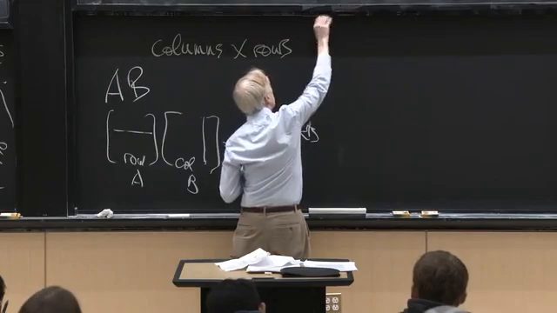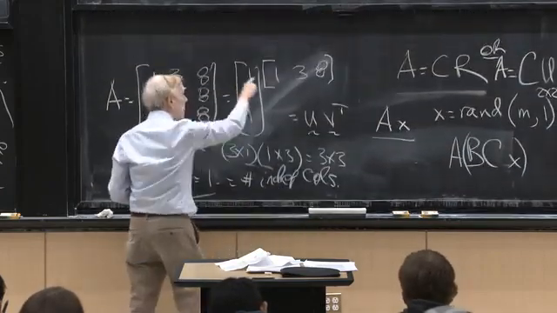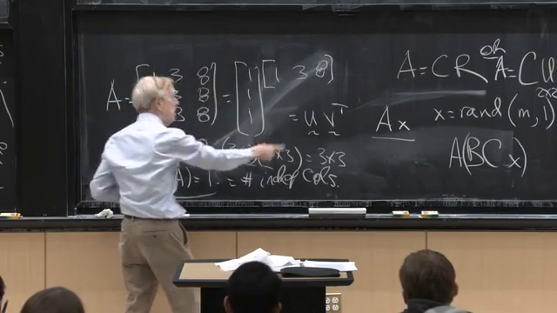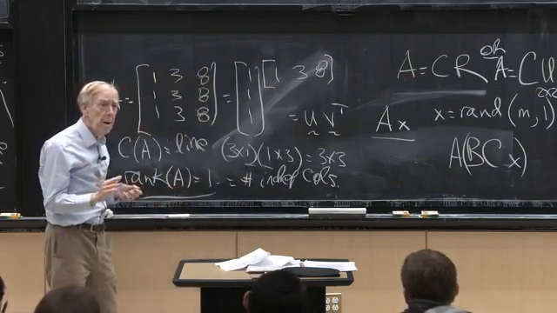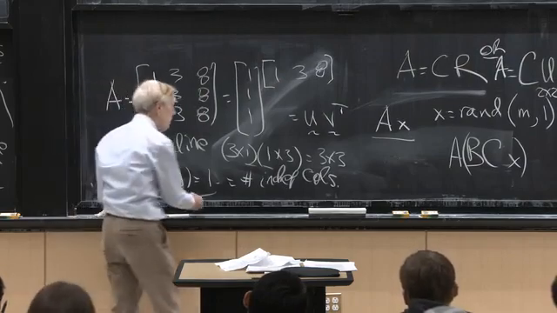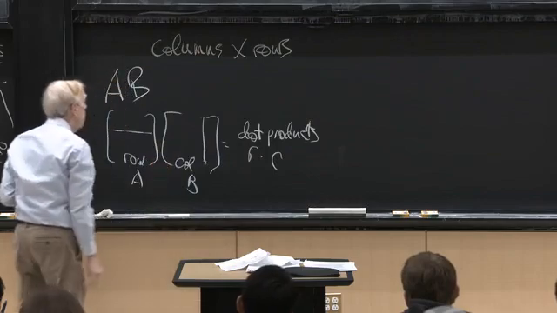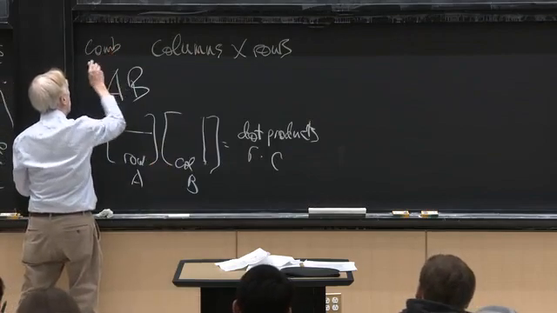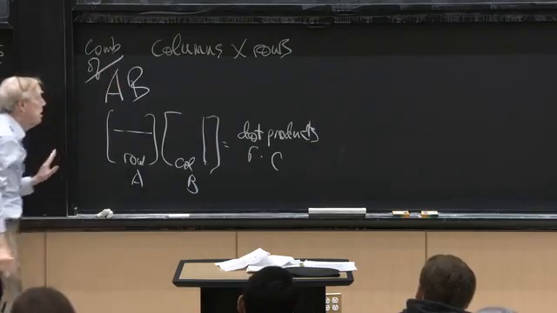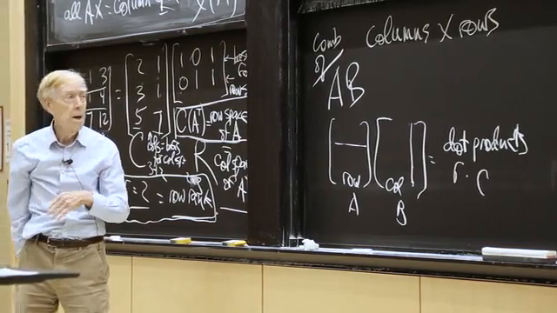That was this rank 1 example. We had a column times a row, and it produced a matrix, and its rank was 1. So it's a combination of. It's very like AX. I'm really just extending the AX idea to AB.